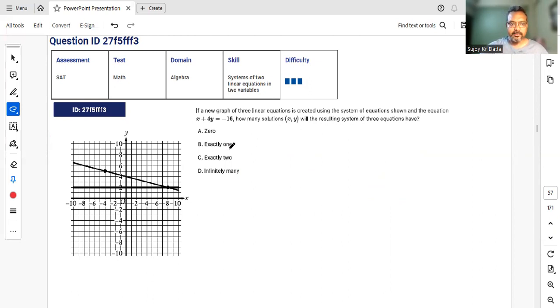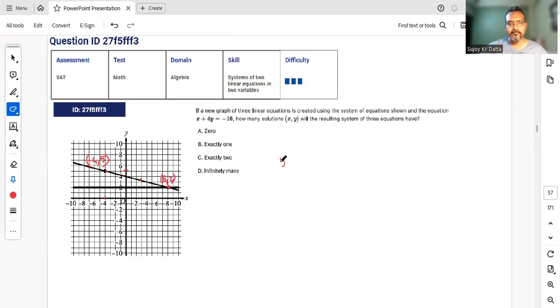Okay. So if you look at the system of equations, let's see what this equation is like. One of the points here is -4 comma 5. And one of the points is here, which is x is 8 and y is 2.